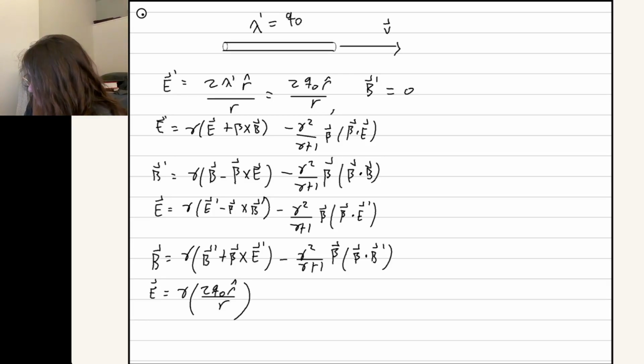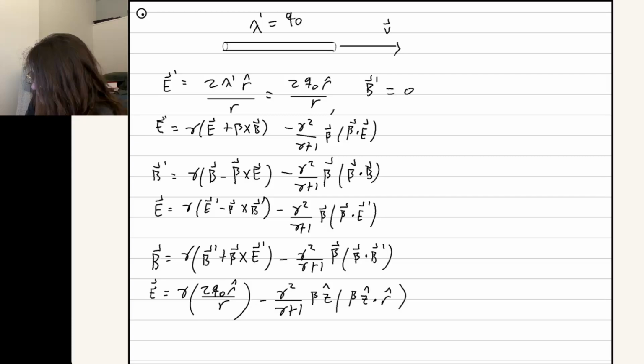Then continuing, we'll need a beta dot E, so it's minus gamma squared over gamma plus 1, and beta, the vector, is in the z direction, so it's just the magnitude of beta times z hat, dot E prime, which is 2q naught over r times r hat.